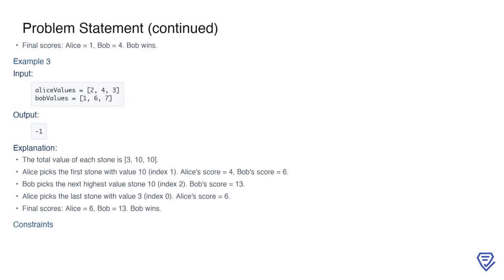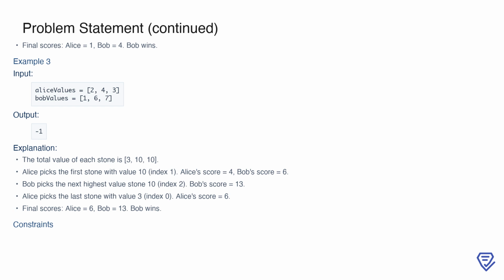Let's examine another example where Alice values is 2, 4, 3, and Bob values is 1, 6, 7. The total values are 3, 10, 10. Alice starts by picking the stone with the highest total value, which is 10 at index 1. She adds her assigned value, 4, to her score, while Bob adds his assigned value, 6, to his score.